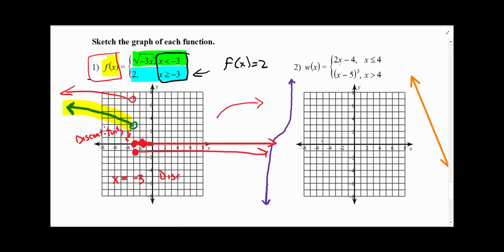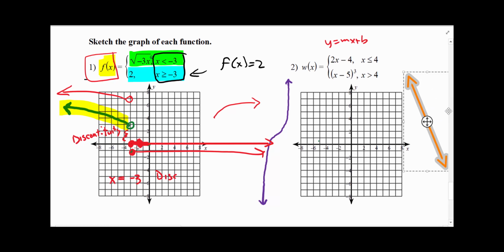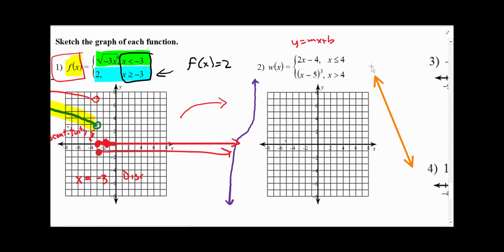We have a 2x minus 4. Well, that's just y equals mx plus b. So at -4, so let me go ahead and get this graph right. I've already pre-done that. Whoops. That graph would look something like that.